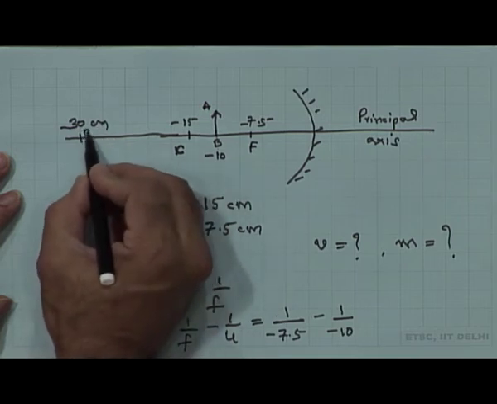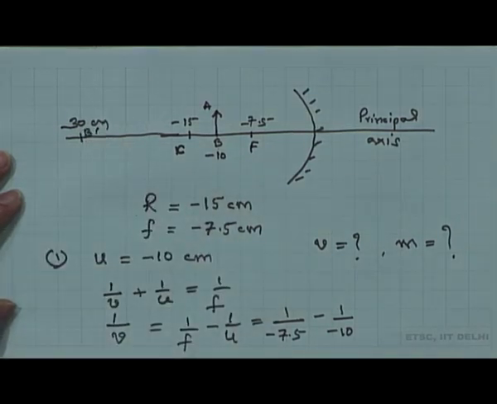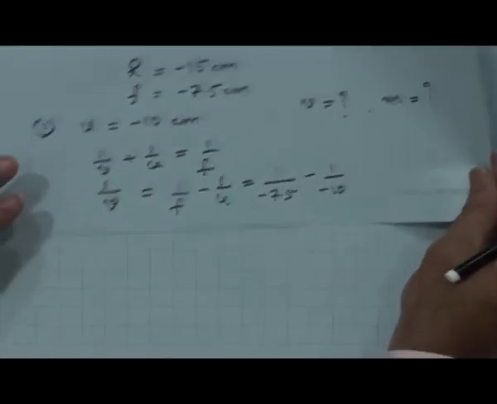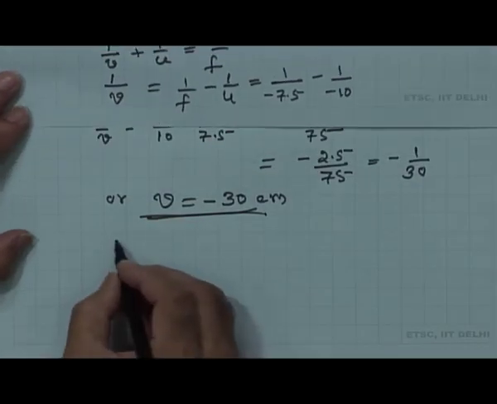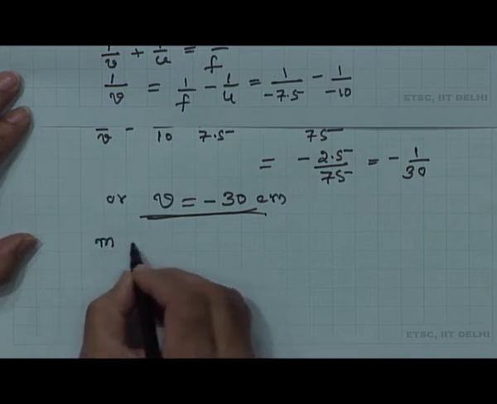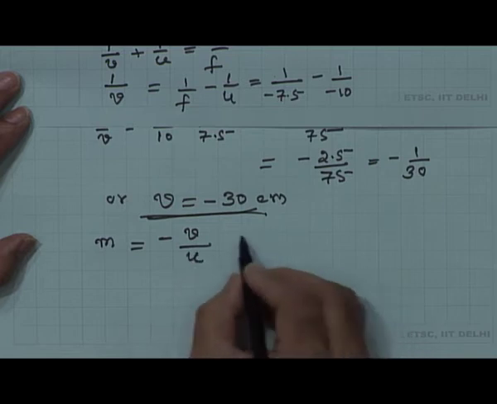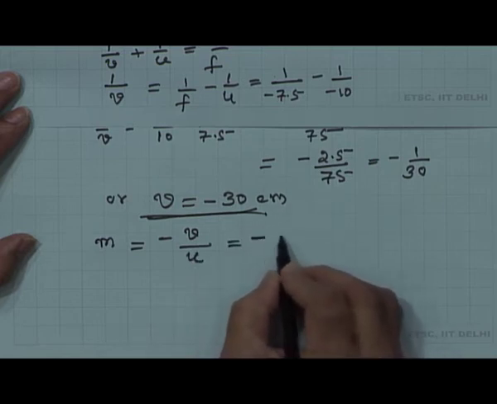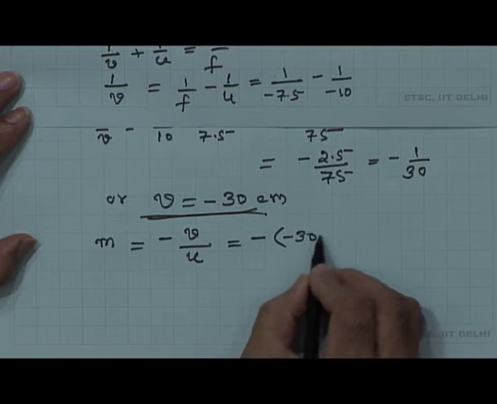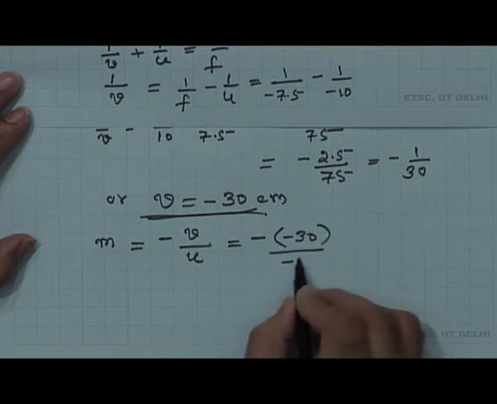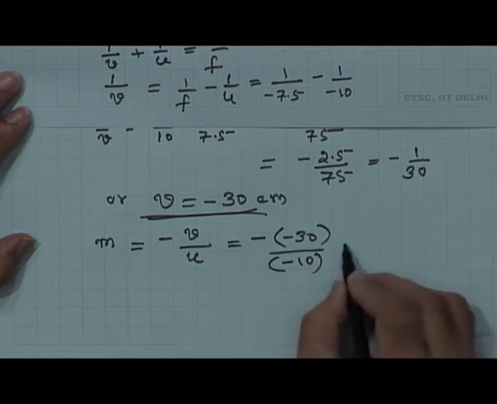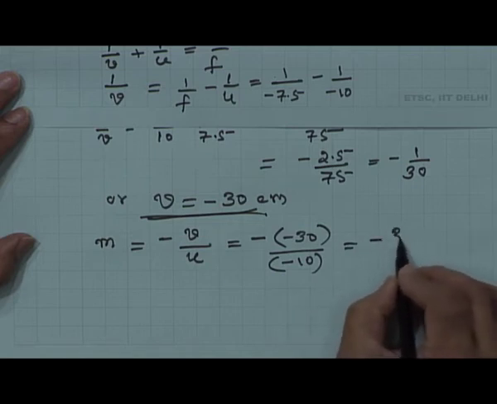So, this is where B dash will be formed. So, this is what we know right now, and therefore M, the magnification. So, we take up magnification M is equal to minus v by u, which is equal to minus of minus 30 by minus 10, u is minus 10, which is equal to minus 3.